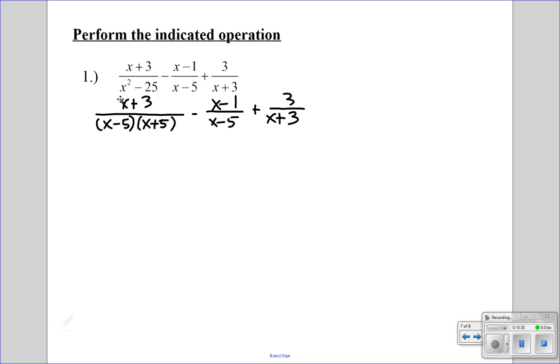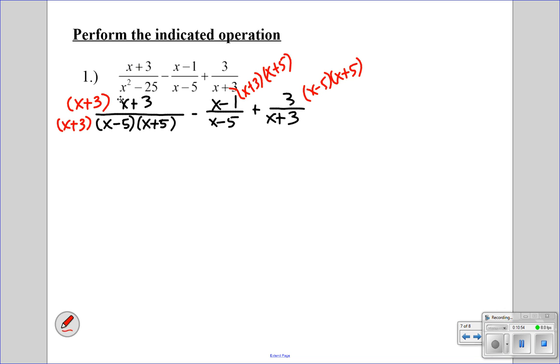So what we're going to do first is multiply the first one by x plus 3 on top and bottom. The second one by x plus 3 times x plus 5. And the last one is going to be x minus 5, x plus 5 on top and bottom.